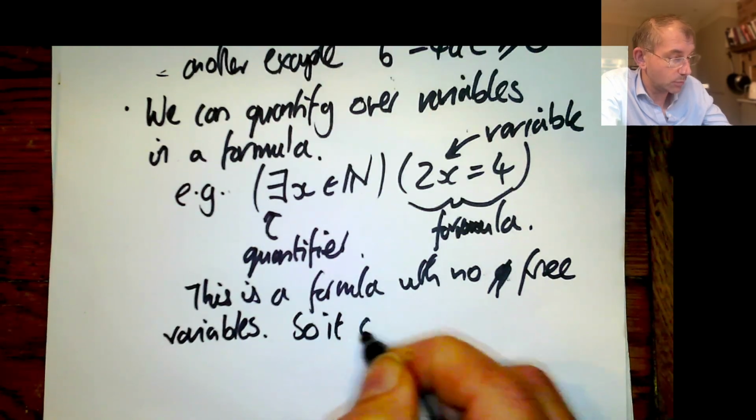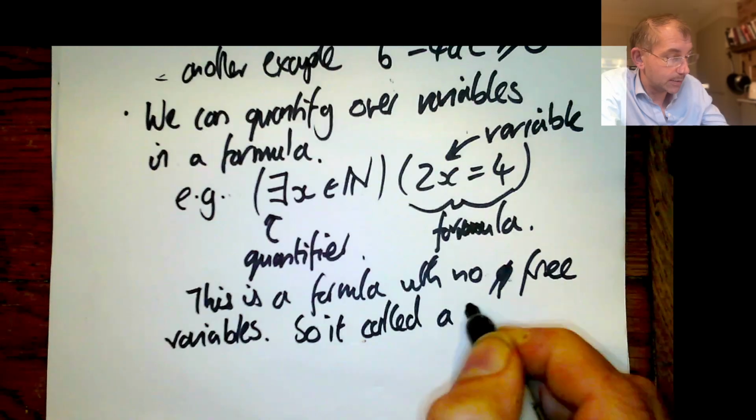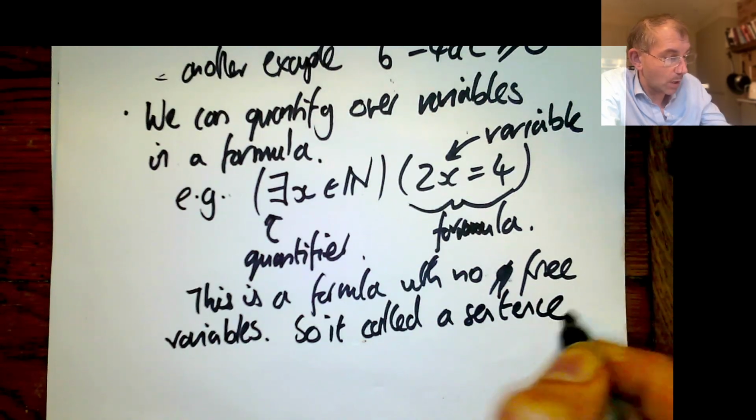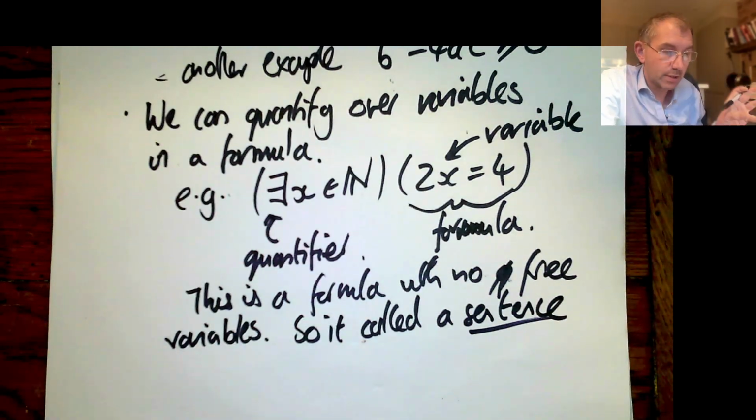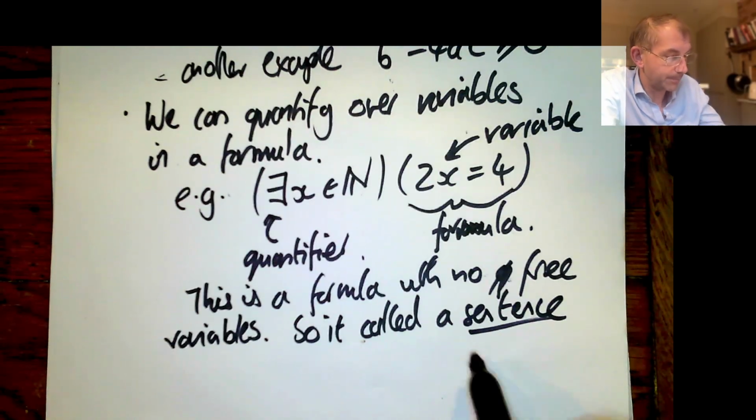It is called a sentence because it's something that you're saying that can be evaluated as being either true or false.